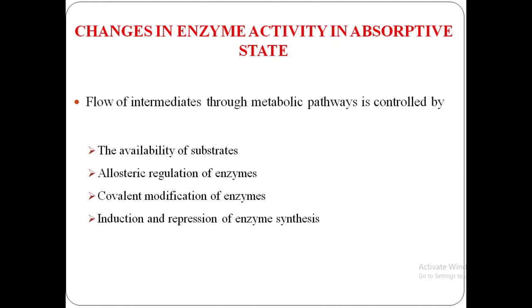Energy storage occurs during the absorptive state, to make stored energy available during times of fasting and starvation. First, I'll explain how the flow of intermediates through metabolic pathways is controlled during the absorptive state.